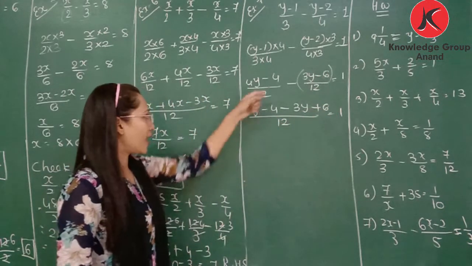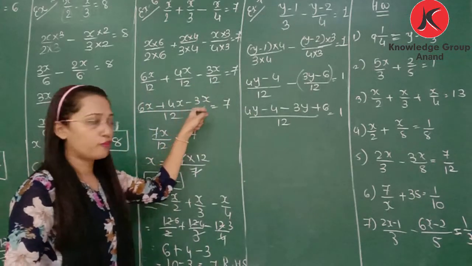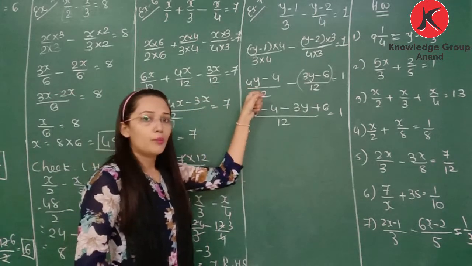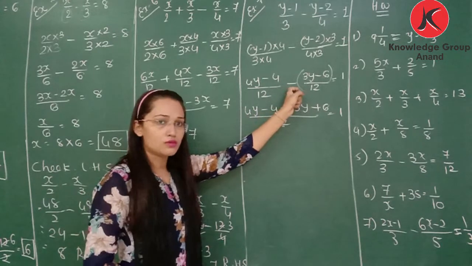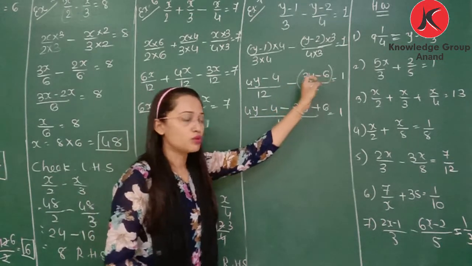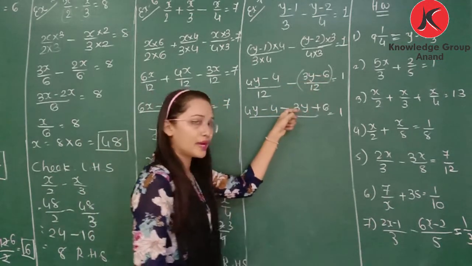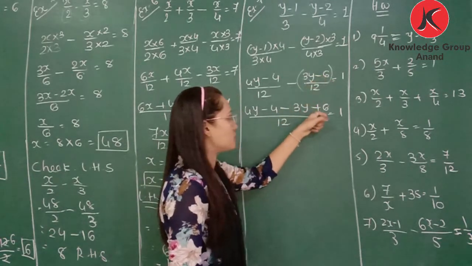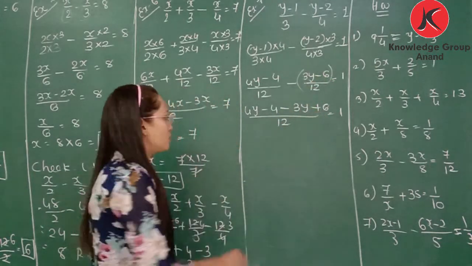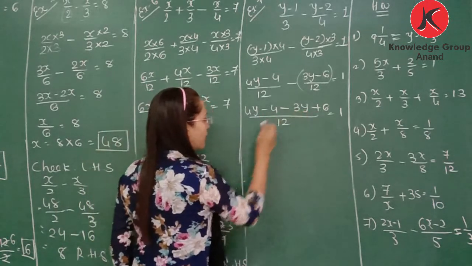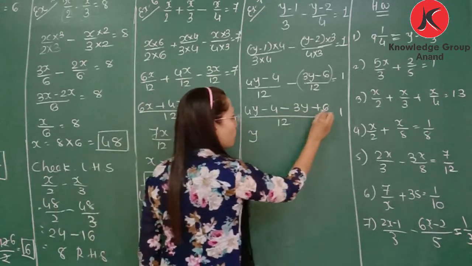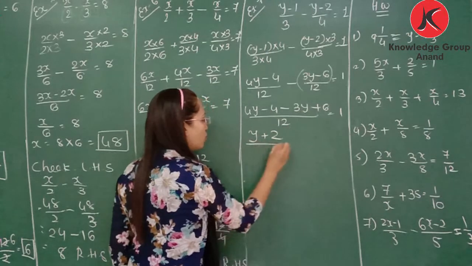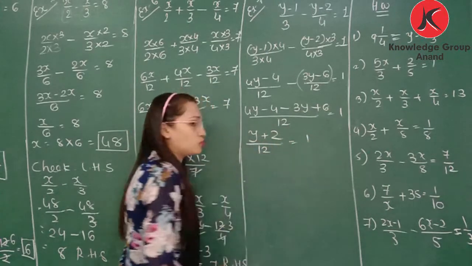If we want to write this kind of step for this example, you need to apply this negative sign to both terms. So here 3y is positive, it becomes negative, and minus 6, that is negative, it becomes positive. Clear? So now 4y minus 3y, that is y, and minus 4 plus 6, that is plus 2, divided by 12 is equal to 1.